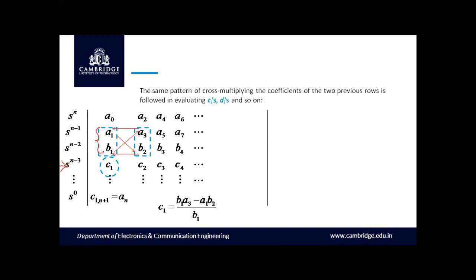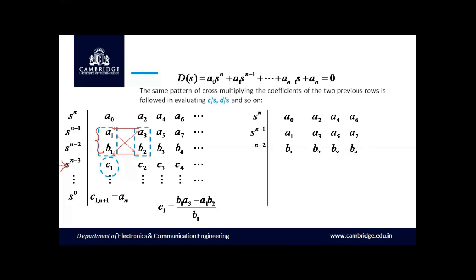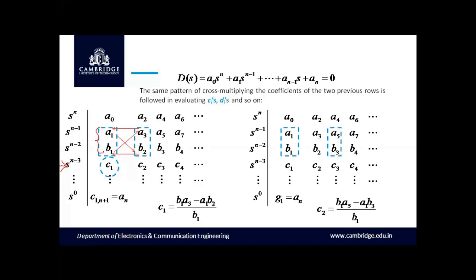Similarly, C2 is given by (B1 A5 minus A1 B3) divided by B1. Similarly, we can compute C3, C4 and so on, and a complete row can be filled.